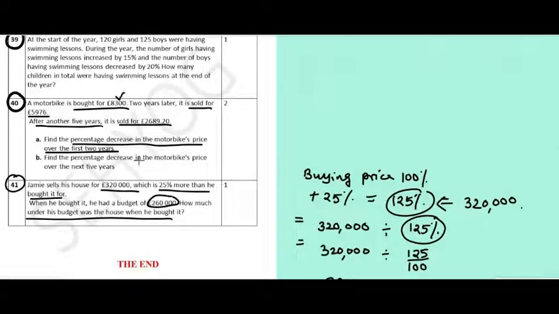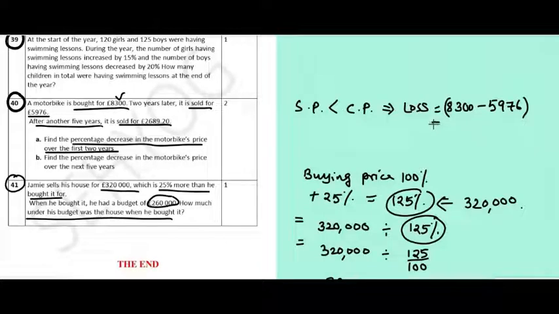So actually you can see that the selling price is lesser than the cost price, which means that there is a loss, and the loss is of amount 8,300 minus 5,976, which over the original price, that is the cost price, multiplied by 100 will give us the loss percent.